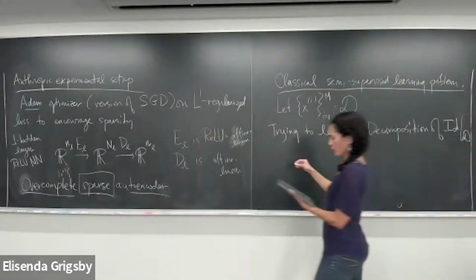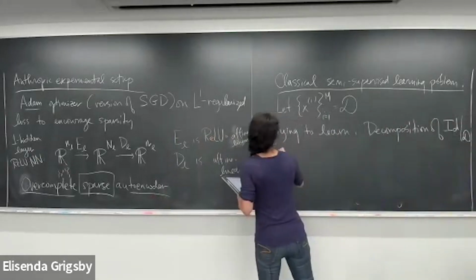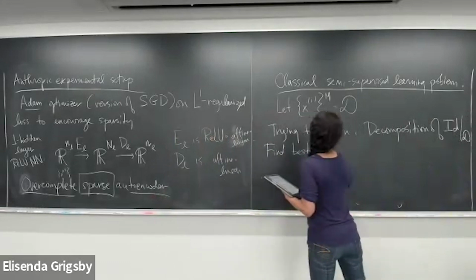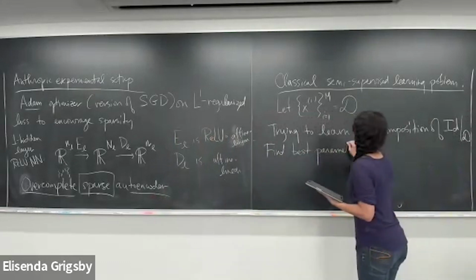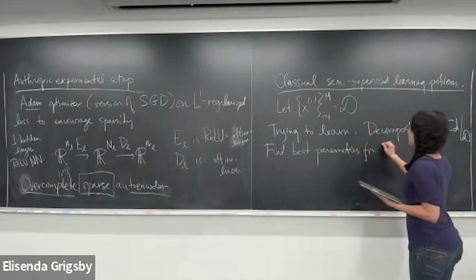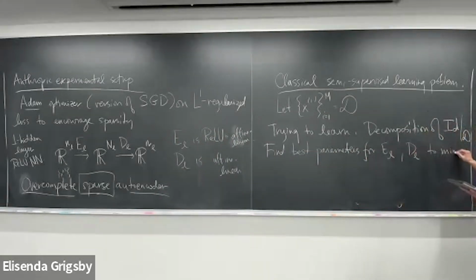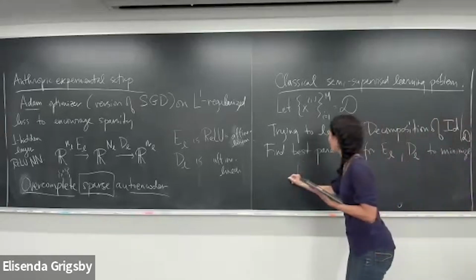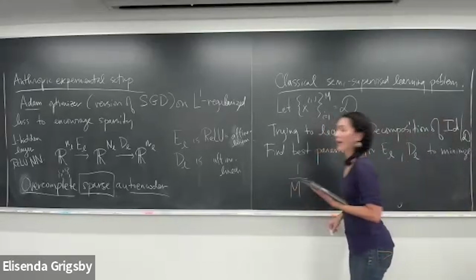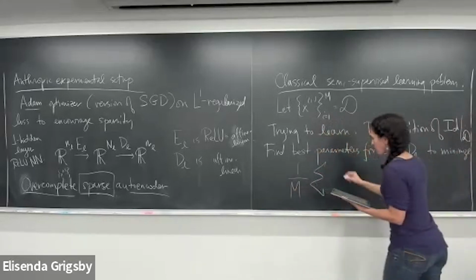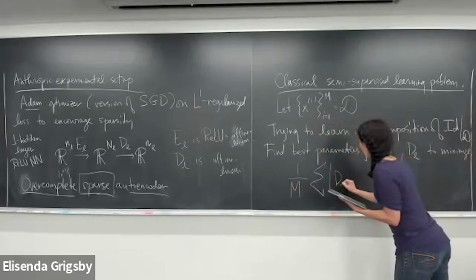And what we're trying to do is find the best parameters for EL and DL to minimize the overall average squared distance moved.